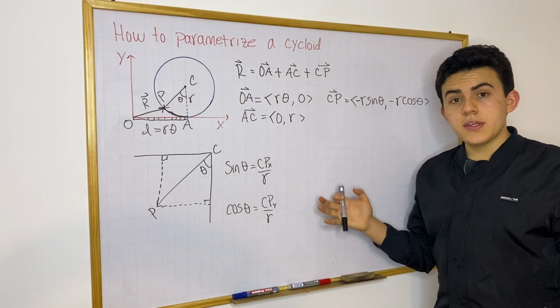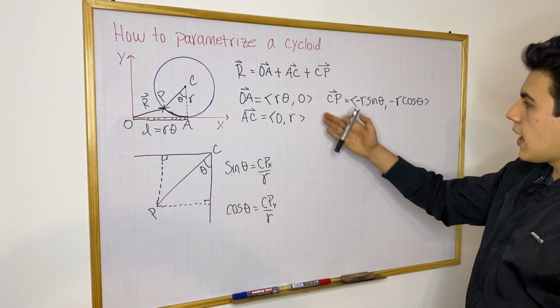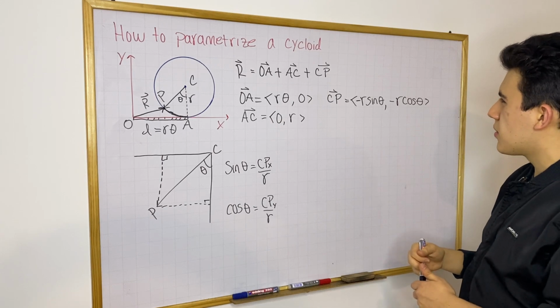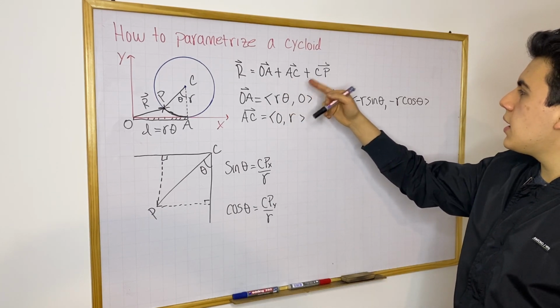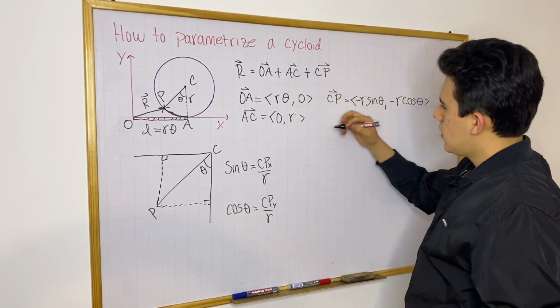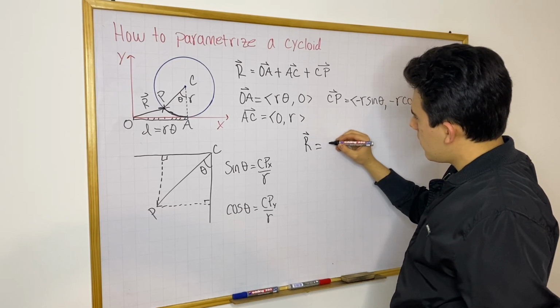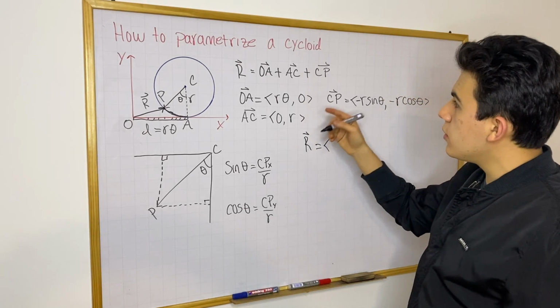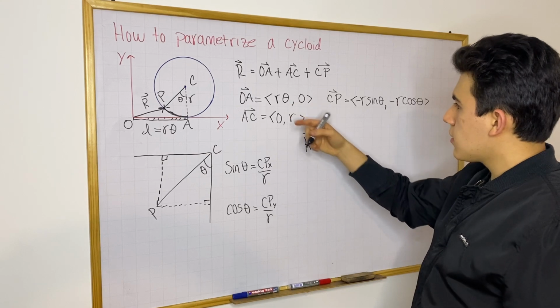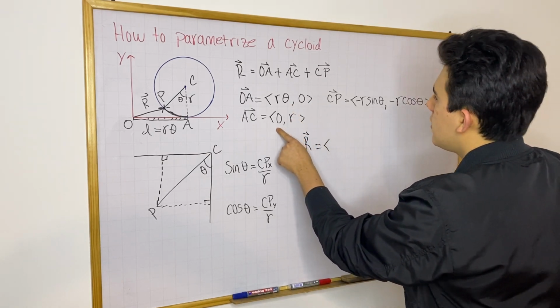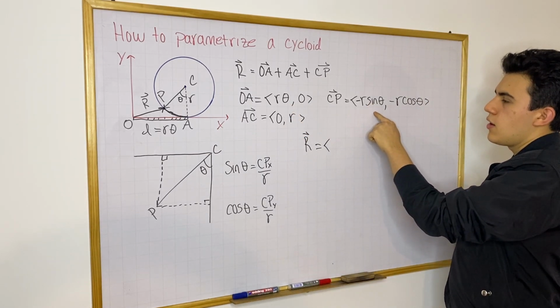And now the only thing that we need to do is simply add up all of these components to get r, okay? So we know r is going to be OA plus AC plus CP. Now let's see. If we add up all the x components, we have r theta, 0, plus minus r sine theta.